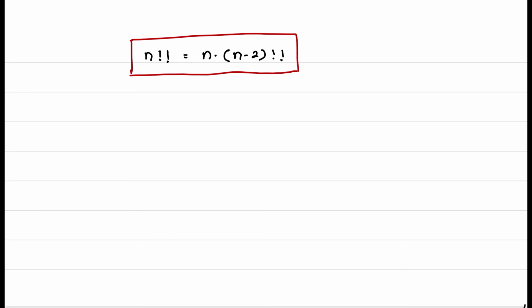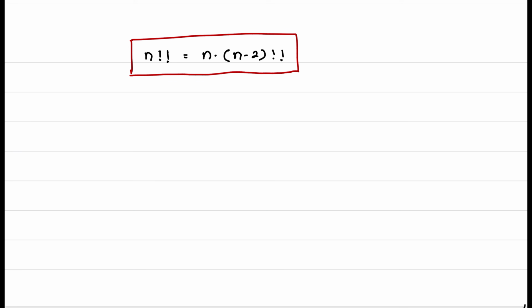Recurrence relations, please keep in mind, from the above: n double factorial is equal to n into n minus 2 double factorial, whether n is odd or even, from the definitions.